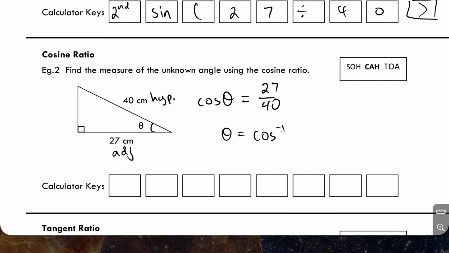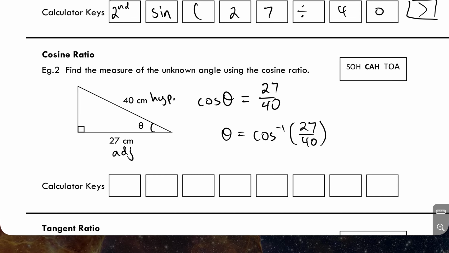So cosine with a -1, and that's not an exponent again, that's just a label to show that this is the inverse cosine. And in some textbooks, you might see the word arc cosine and arc sine. That's the same thing, that's the inverse. But we don't use that here, we just use cosine inverse and sine inverse with a -1.